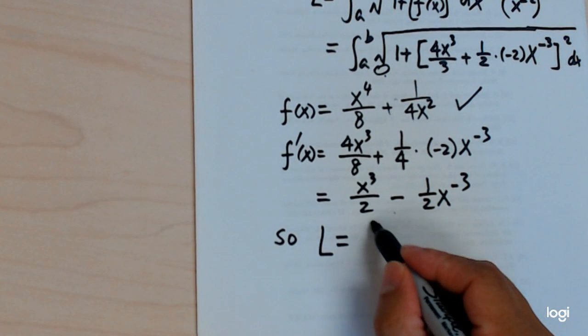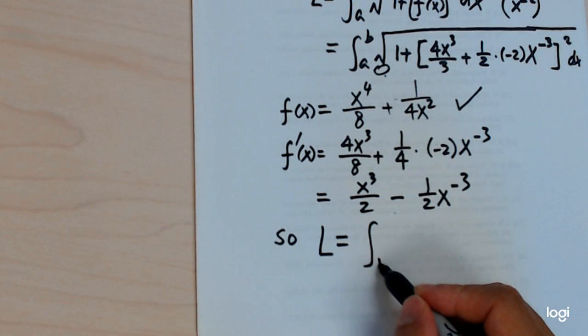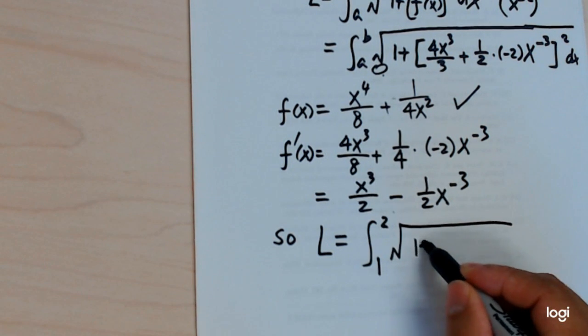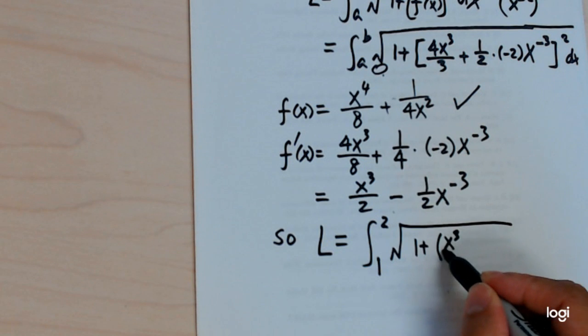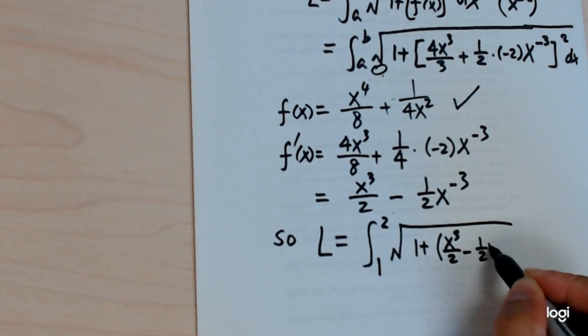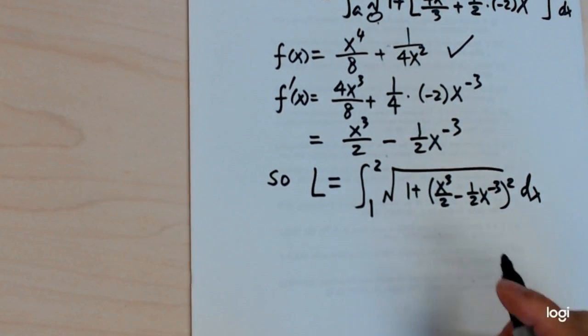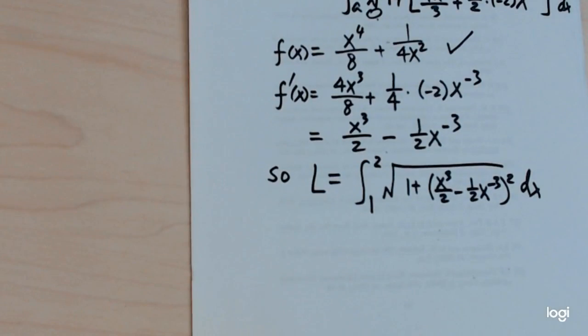So arc length, let's still look for the arc length between 1 and 2. So we're going to square this one out.